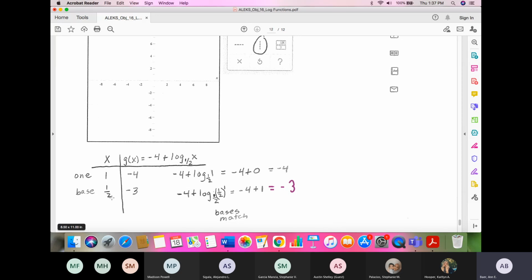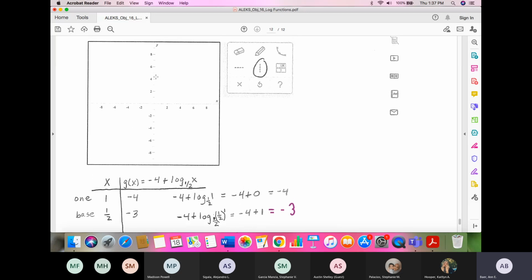That would be 1/2, -3. You go over to 1/2 and down to -3. And then you draw your asymptote using this dash vertical line here. You click on that and you just draw that here. And then you click on this graph tool. So that should be enough to do it.